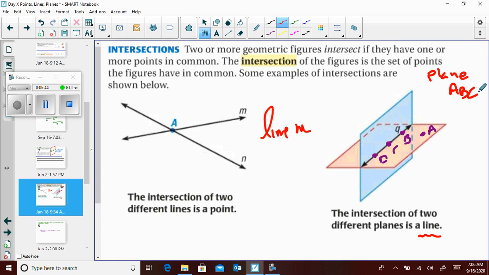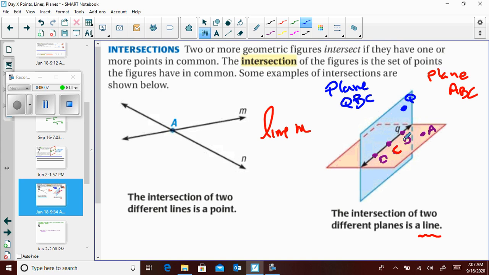We'll go A, B, C. The blue, we'd have to have something up here. Let's call this Q. The blue would be plane Q, B, C. Right? So that is why you can't have 3 collinear points to name a plane.